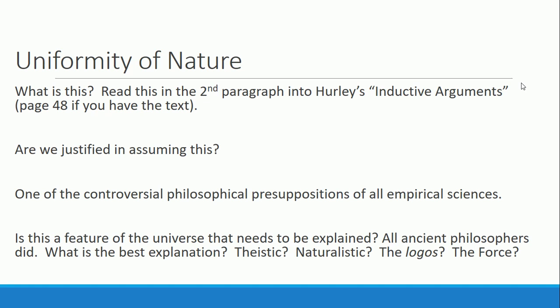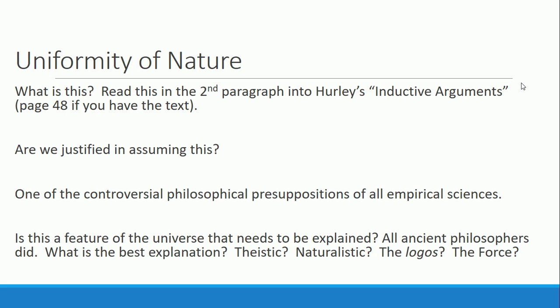Gravity is not going to change tomorrow, and so on. Like we assume the uniformity of nature, the periodic table stays the same, physics stay the same. The four forces of physics: weak and strong nuclear force, electromagnetism, gravity. If these don't stay the same, then we can't predict anything or make any generalizations.